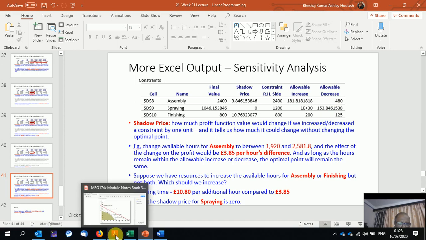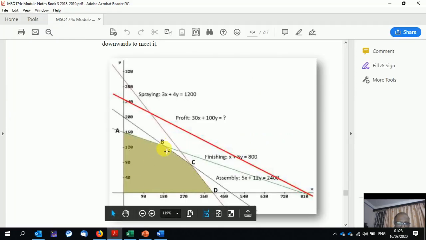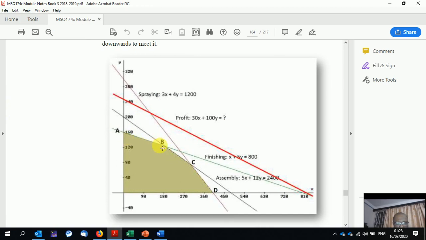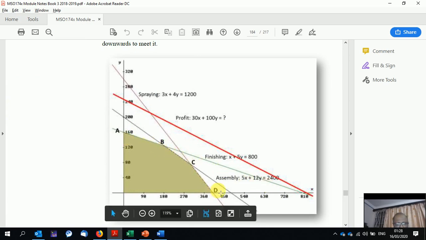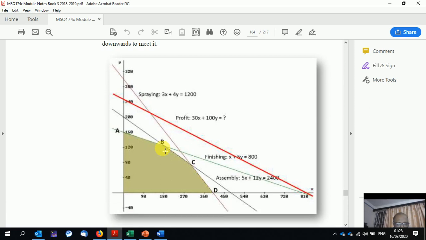Similarly, I was discussing this point for the assembly. Now remember the spraying department is also a binding constraint. The whole point is to see where it goes beyond the 1200, to what extent it goes up and down.